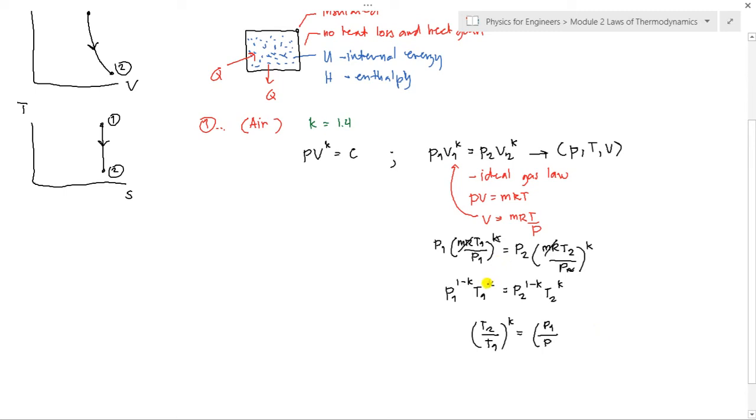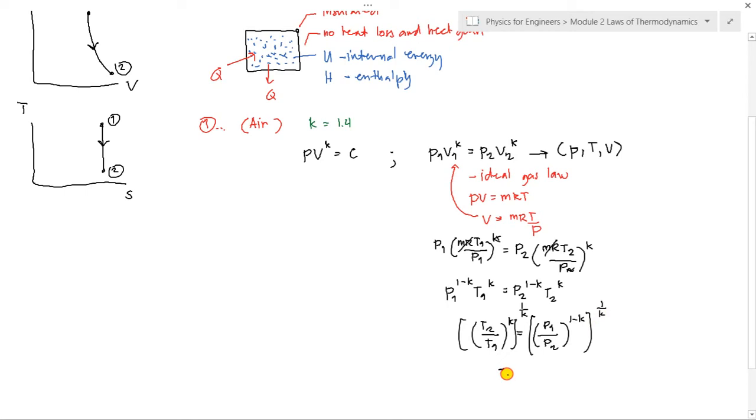So T2 over T1 is equal to P1 over P2 raised to 1 minus K, and then we raise it to 1 over K so that only T2 over T1 remains.